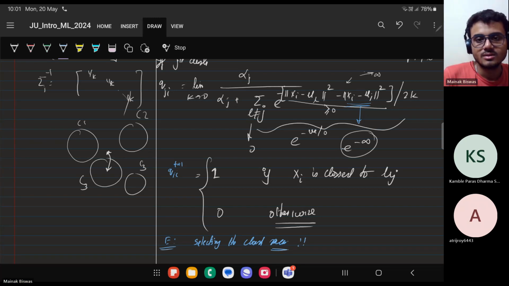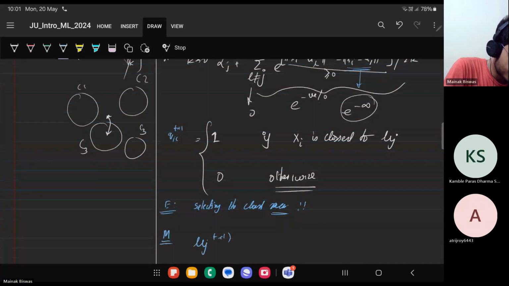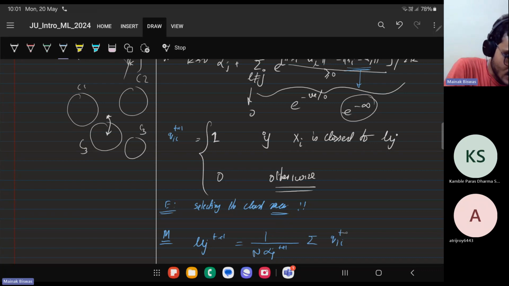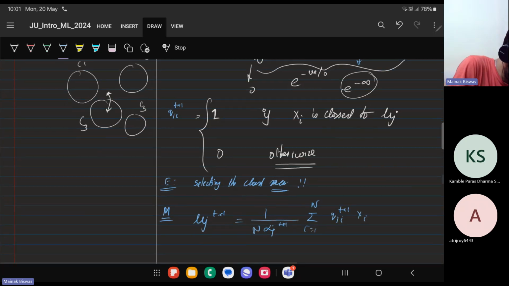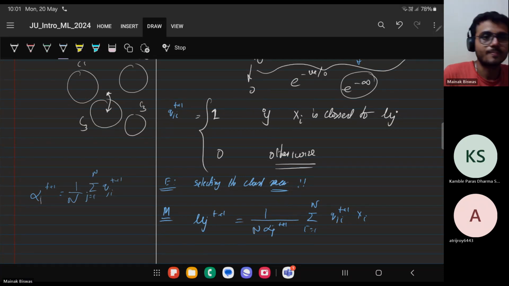And in the maximization step, what is being done? mu j is 1 by n alpha j, t plus 1, times the sum of u j i, t plus 1, x i, for i equal to 1 to n. First, what is alpha j, t plus 1? This is 1 by n times the sum of u j i, t plus 1, for i equal to 1 to n.